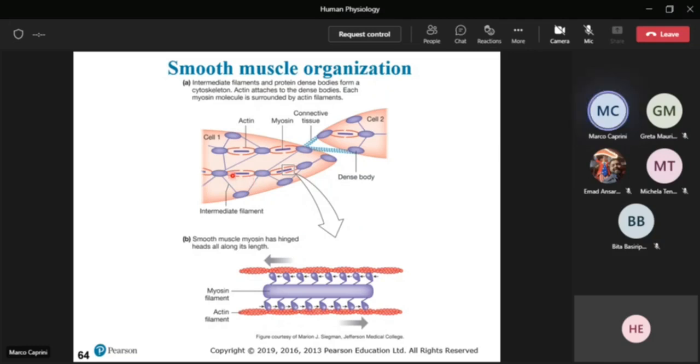Can you imagine the two dense bodies? They can be really attached one to the other when the muscle contracts, because the myosin filaments contain the heads on the entire surface of the filaments.